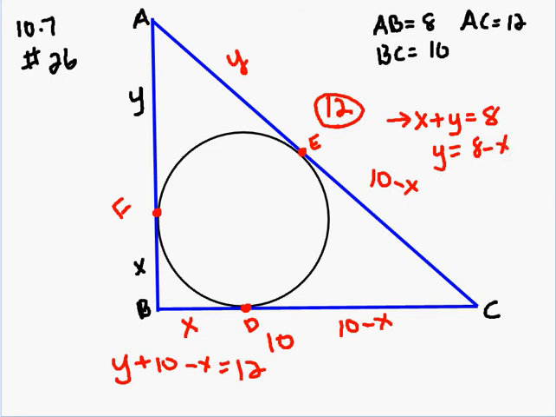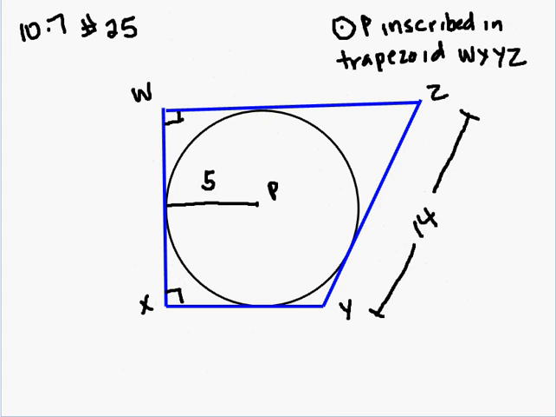So now I'm going to use substitution to solve for the value of X. If I have Y plus 10 minus X, I can take the value of Y, which is 8 minus X, and substitute it in for Y and solve for X. So I have 8 minus X plus 10 minus X is equal to 12.